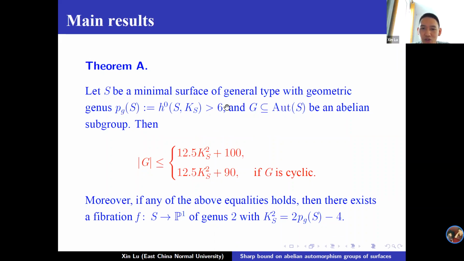Yes, because here we assume that the geometric genus is at least 6, and K squared is equal to this number, so it is at least 8. So this fibration is unique. I see. So you can recover the group action by looking at the action on the fibration, maybe. Yes, because this fibration is unique, so any automorphism should keep this fibration invariant.